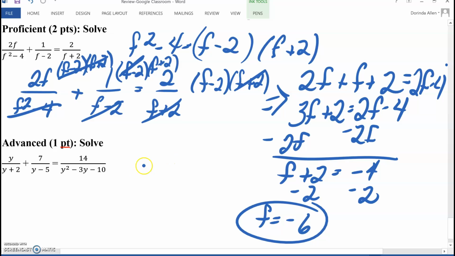And last one, if I factor this y squared minus 3y minus 10, you'll see it gets y plus 2, y minus 5. So my common factor is y plus 2, y minus 5. So I'm going to multiply everything by y plus 2, y minus 5.